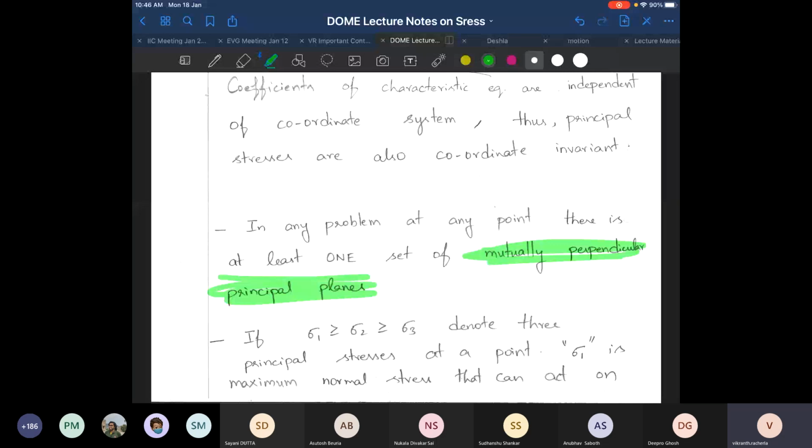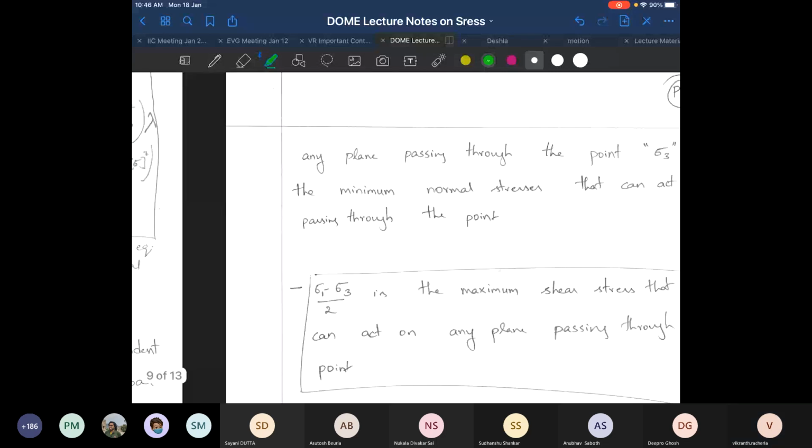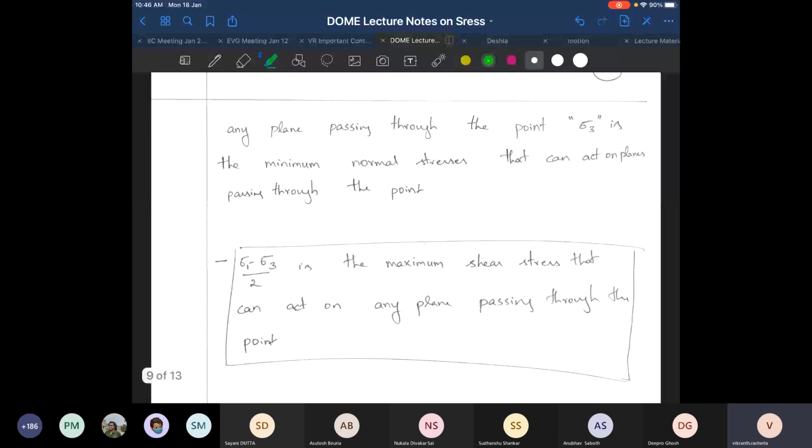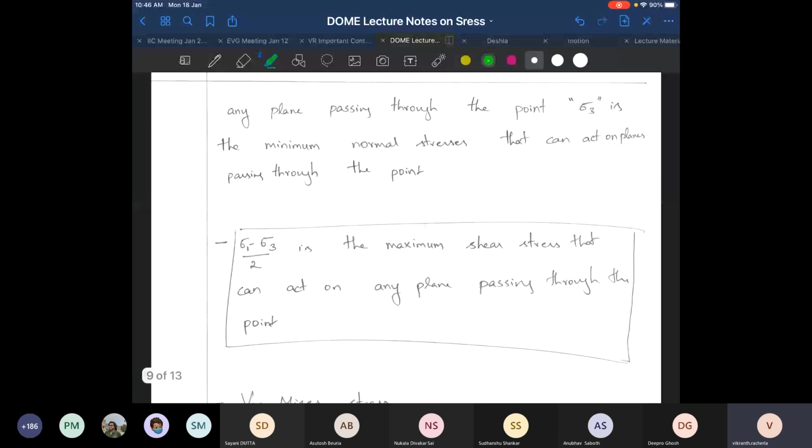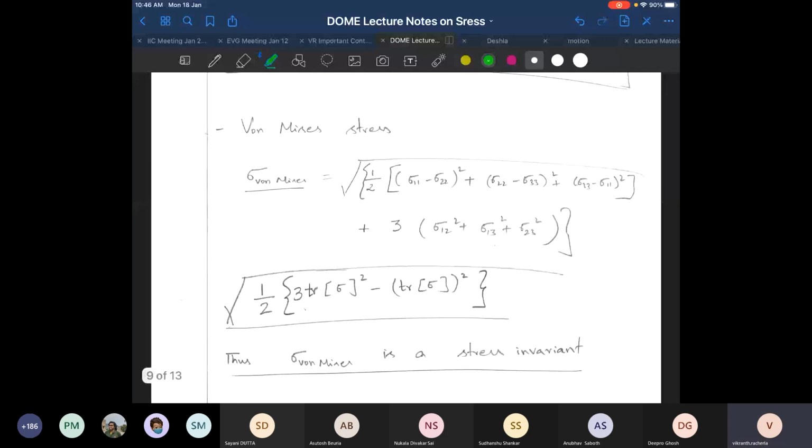Another point: the maximum shear stress on any plane passing through a point can be written in terms of principal stresses as sigma 1 minus sigma 3 by 2. And the von Mises stress, which you must have encountered in many places, can be written in terms of the stress invariants like this: square root of half into 3 times trace of sigma square minus trace of sigma whole square.